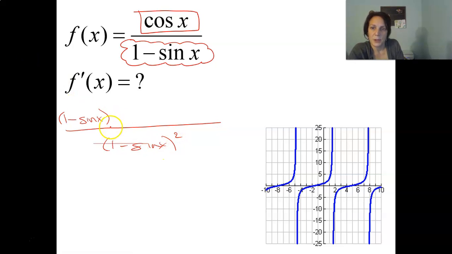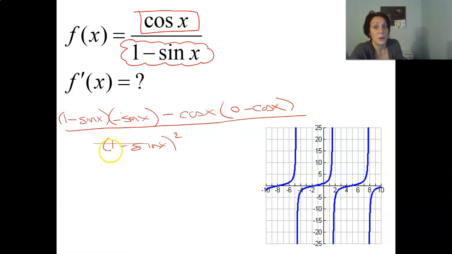So denominator, derivative of the numerator. The derivative of cosine, we memorize. It's negative sine. Minus cosine times the derivative of 1 minus sine x. So the derivative of 1 is 0 minus the derivative of sine, which is cosine.